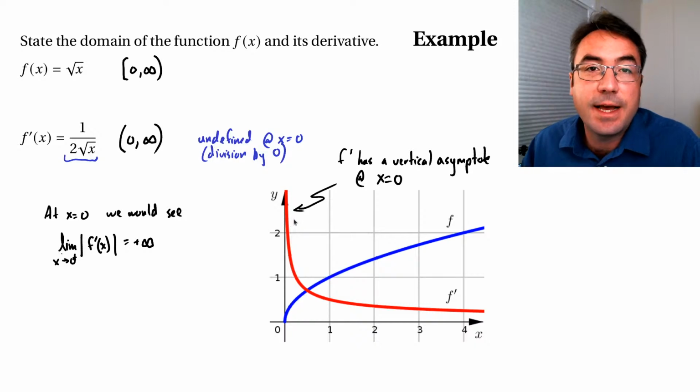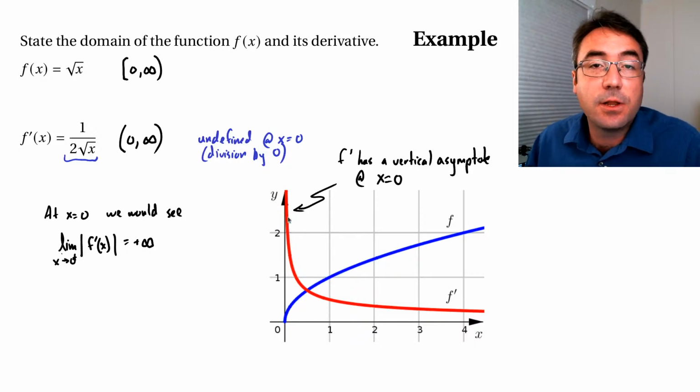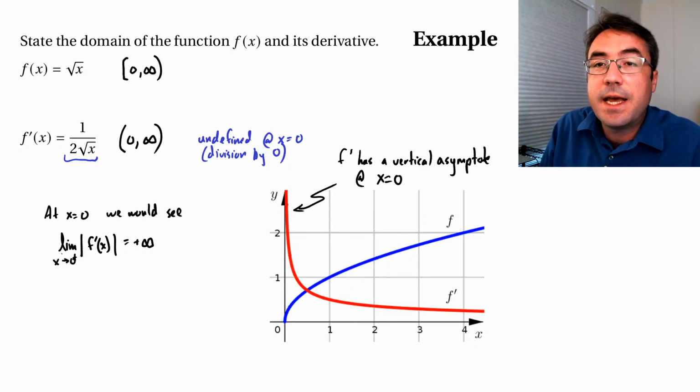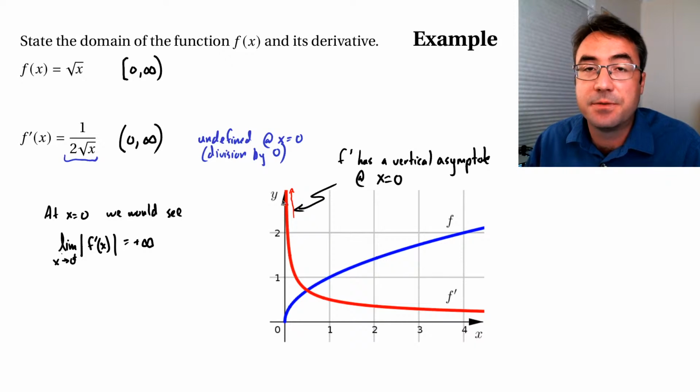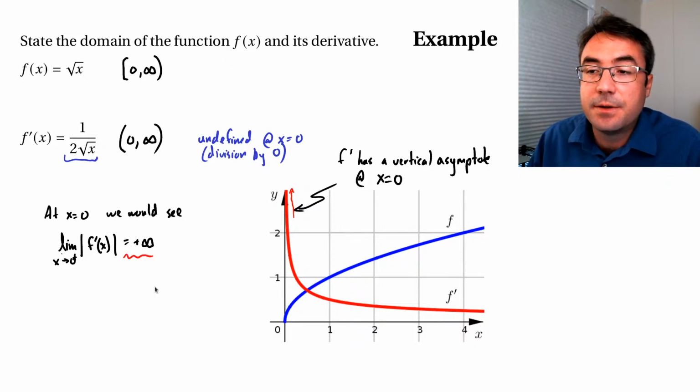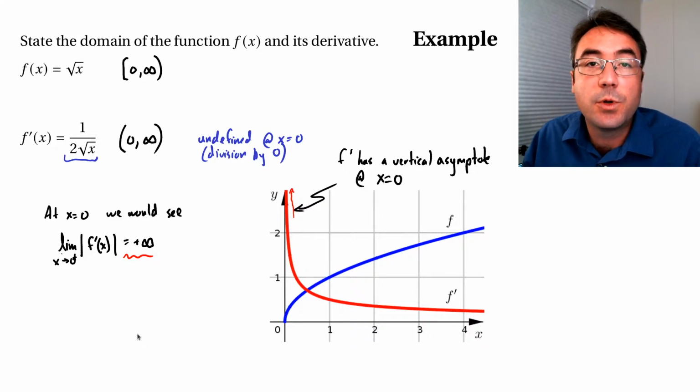So as x gets closer and closer to 0, what's happening to our derivative? Well, the derivative is going up and up and up. It has a vertical asymptote at x equals 0, and we can see that also with our limit going to positive infinity.